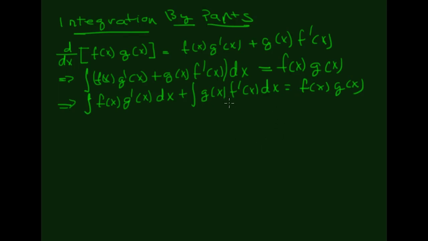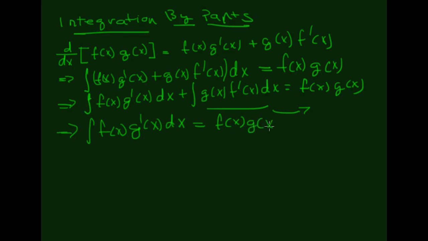I'm going to take this piece here and move it to the other side. So the antiderivative of f of x times g prime of x dx is equal to f of x times g of x minus the antiderivative of g of x times f prime of x dx.